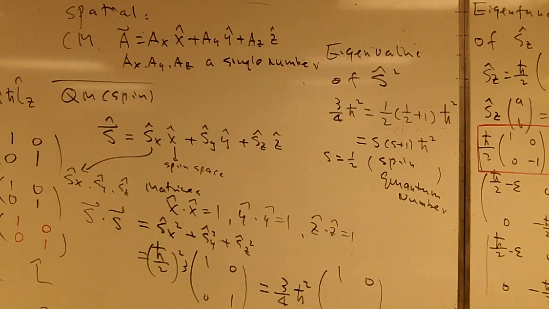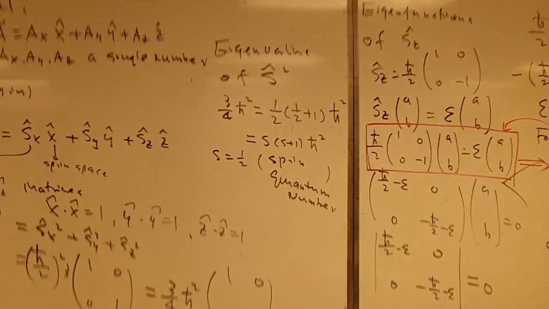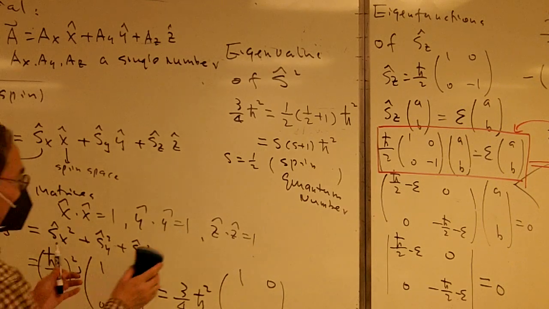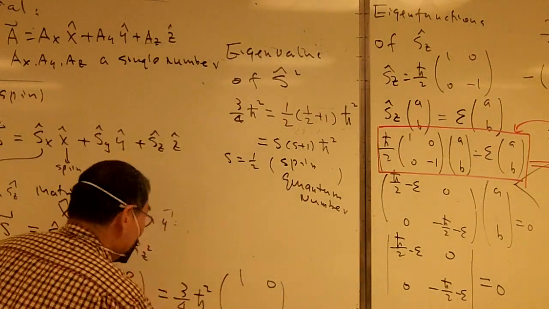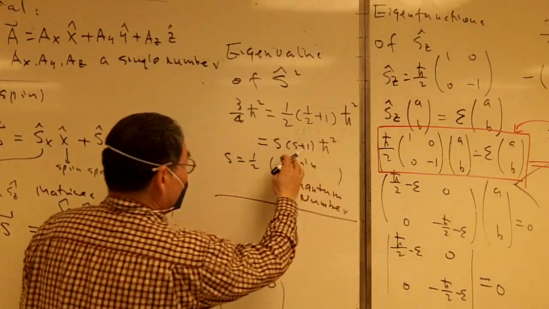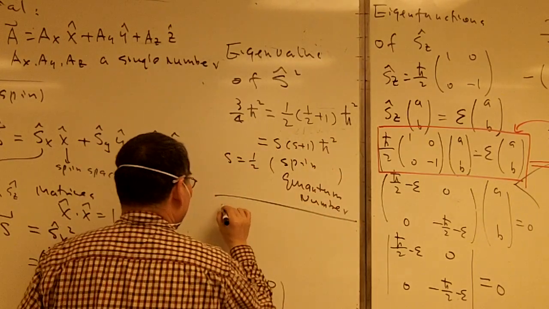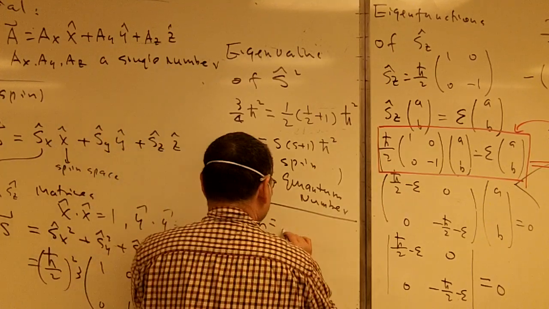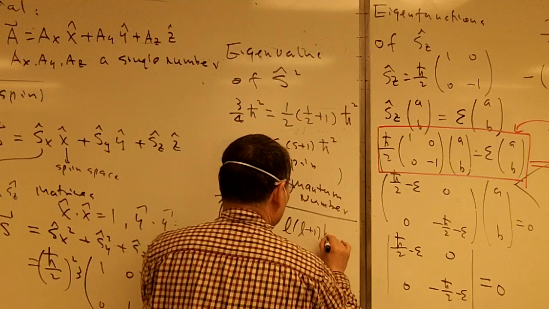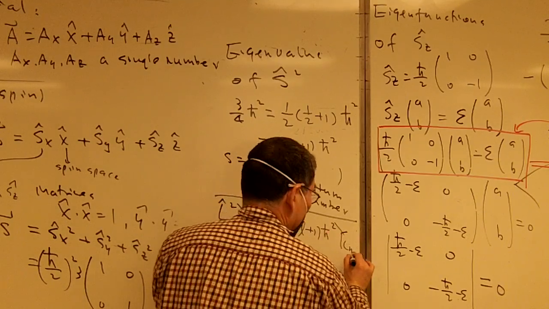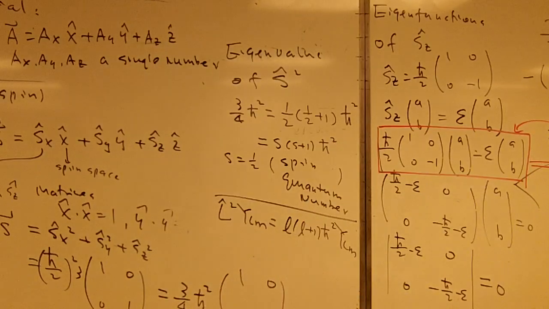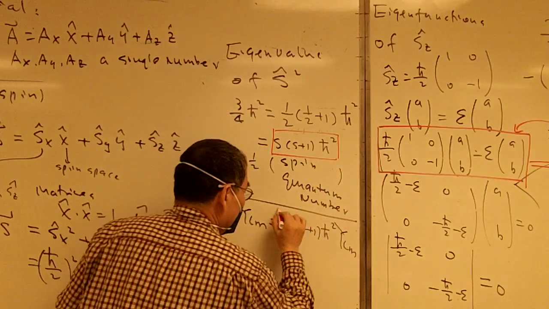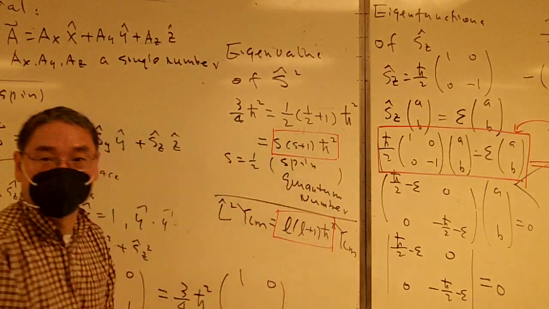And you may wonder what the big deal here is. Well, here's the big deal. Now, if you compare this expression with our L squared on Y_lm, which is just L times L plus 1, h bar squared, Y_lm, did you see the similarity between these two?